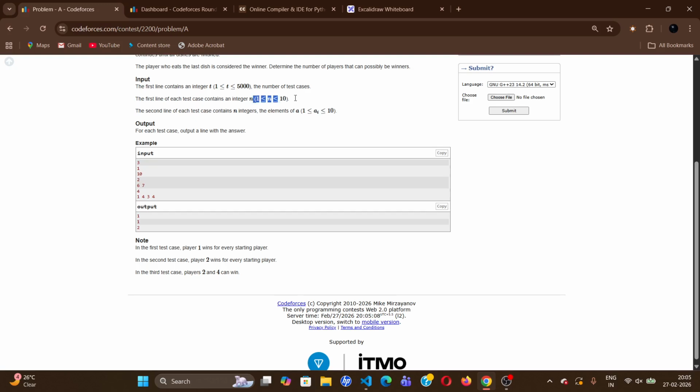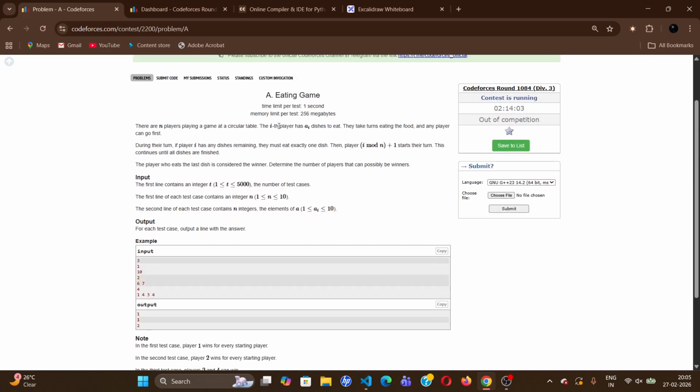Okay, so n is between 1 and 3, right? 7 modulo 6. What is a_i? The ith player has a_i dishes.